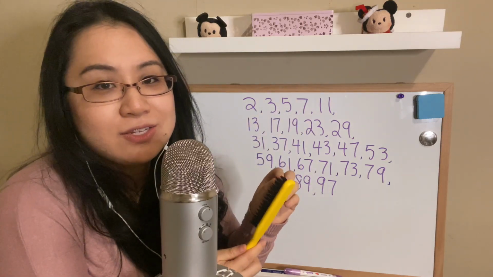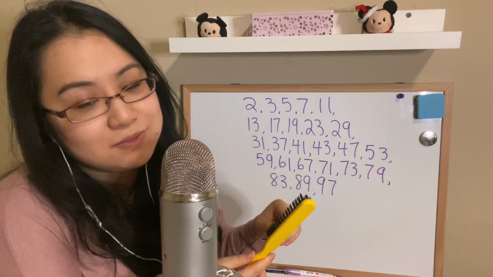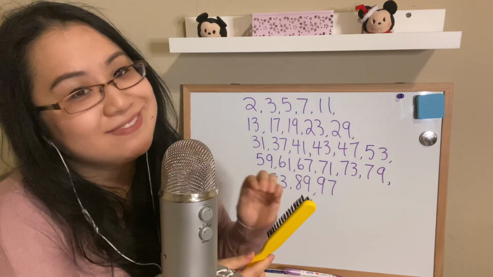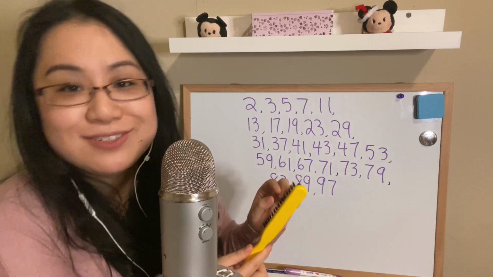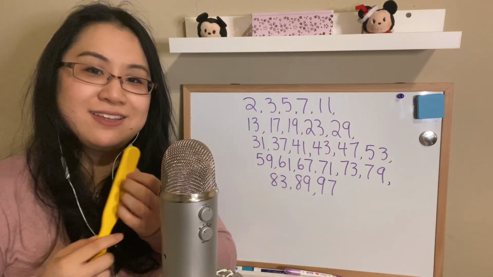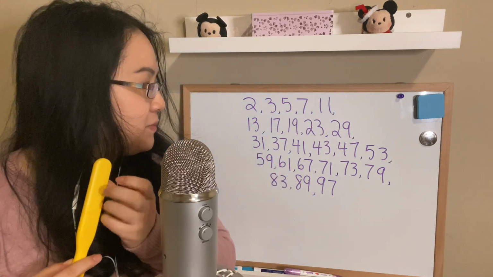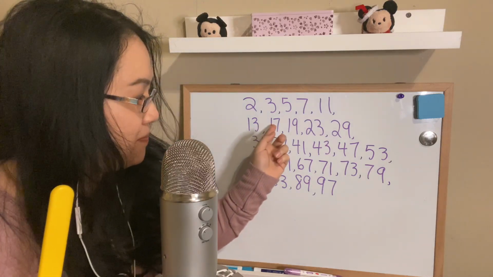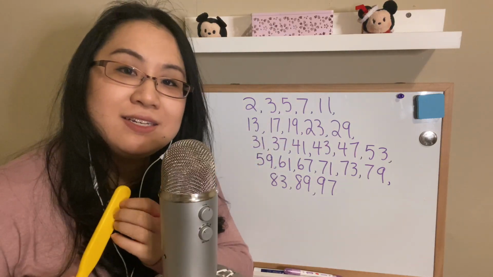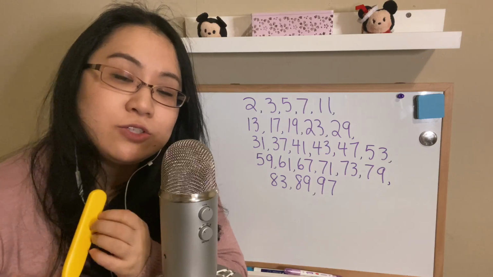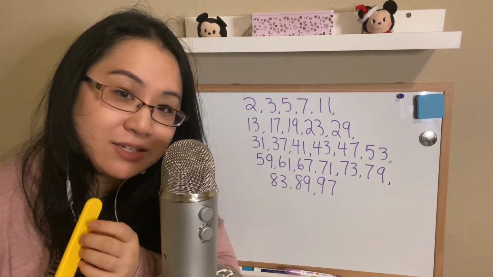16 is 2 times 2 times 2 times 2. 2 to the 4th. 17 is prime. 18 is 2 times 9, but 9 is 3 squared.